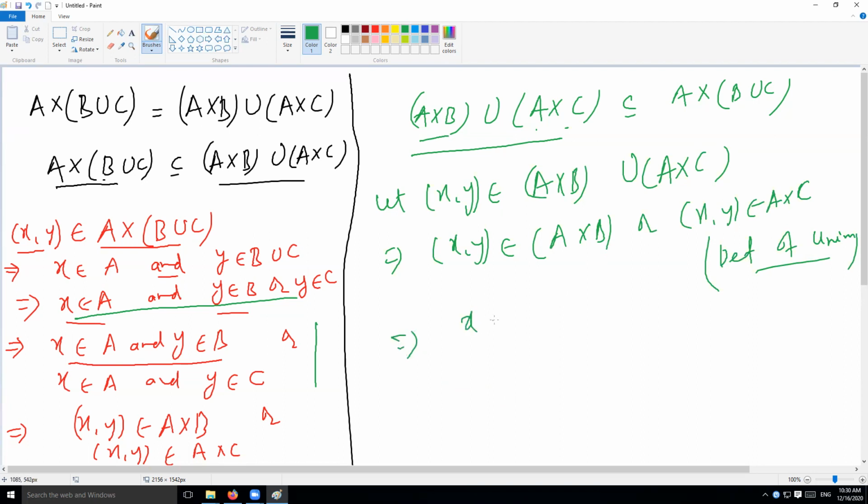And similarly, what is the meaning of (X, Y) belonging to A cross B? It means that X must be in A and Y must be in B. All right, or X must be in A and Y must be in C. Sir, here Y must be in B, not X?